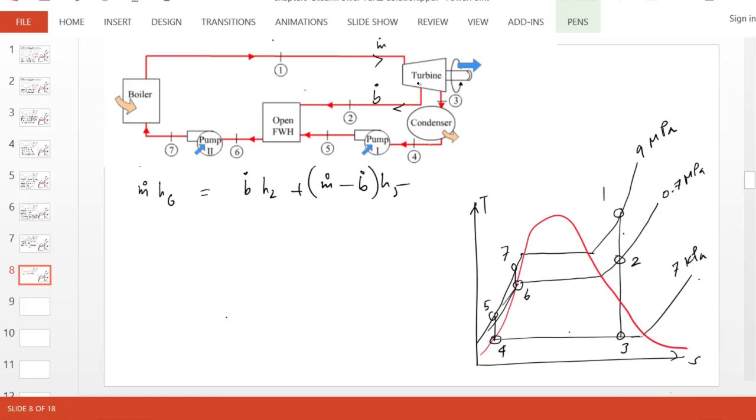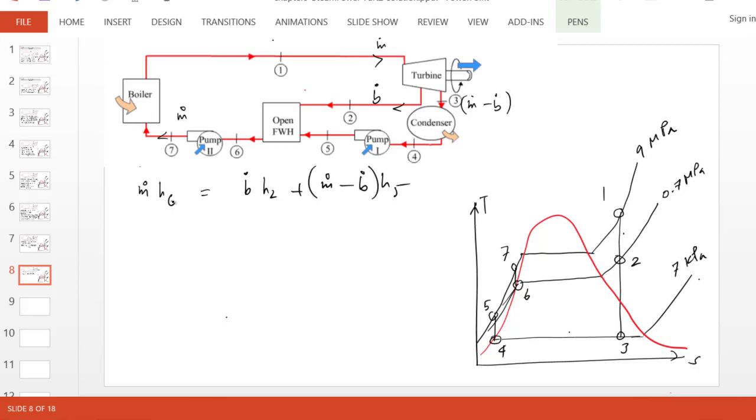So b dot is extracted from the turbine, and the rest, which is m dot minus b dot, is flowing through this circuit, and they come and mix here, and when they go out, it's again back to m dot. So it should be kind of clear from this diagram.